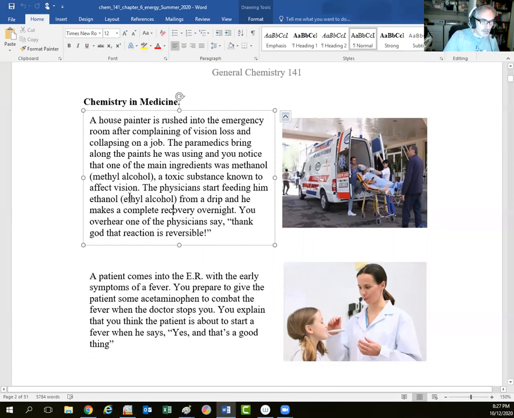The physician starts feeding the patient some ethyl alcohol, what we now call ethanol, from a drip overnight, and the patient makes a complete recovery. You overhear one of the physicians say, "Thank goodness that some reactions are reversible."